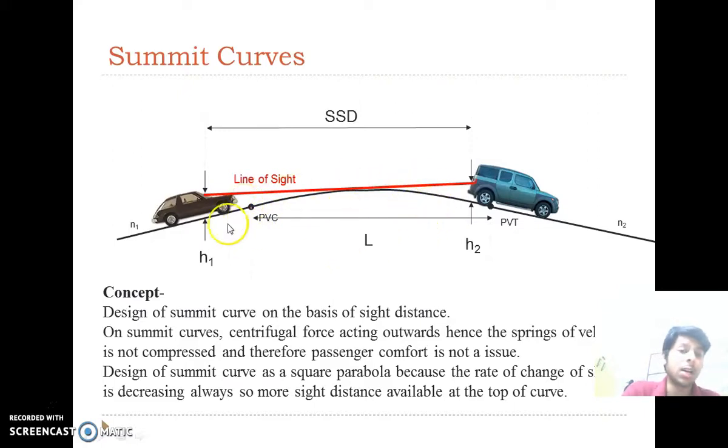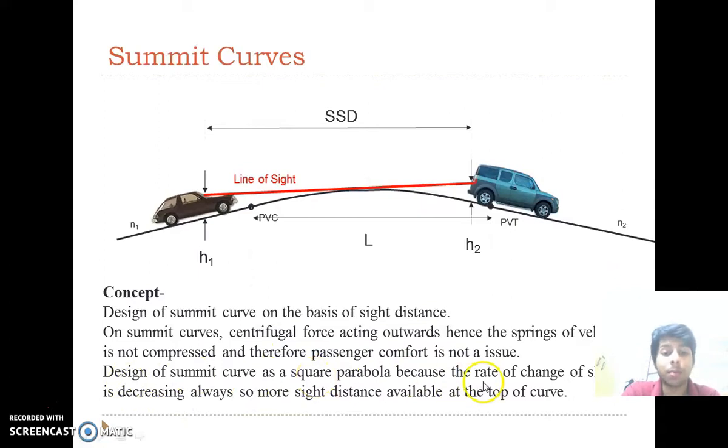On a curve there is a centrifugal force and there is a chance of discomfort, but on a summit curve the centrifugal force acts outwards and the springs of the vehicle are not compressed. There is no shock on the springs, and therefore passenger comfort is not an issue.